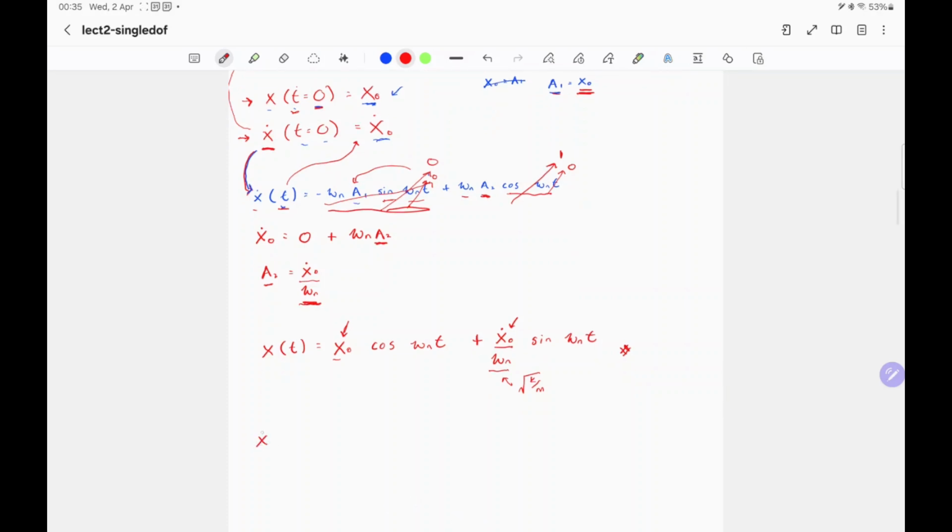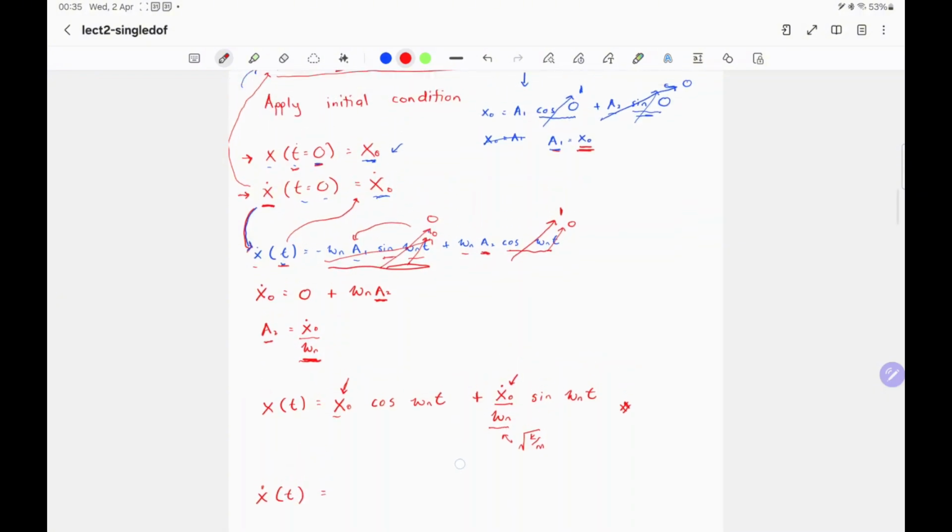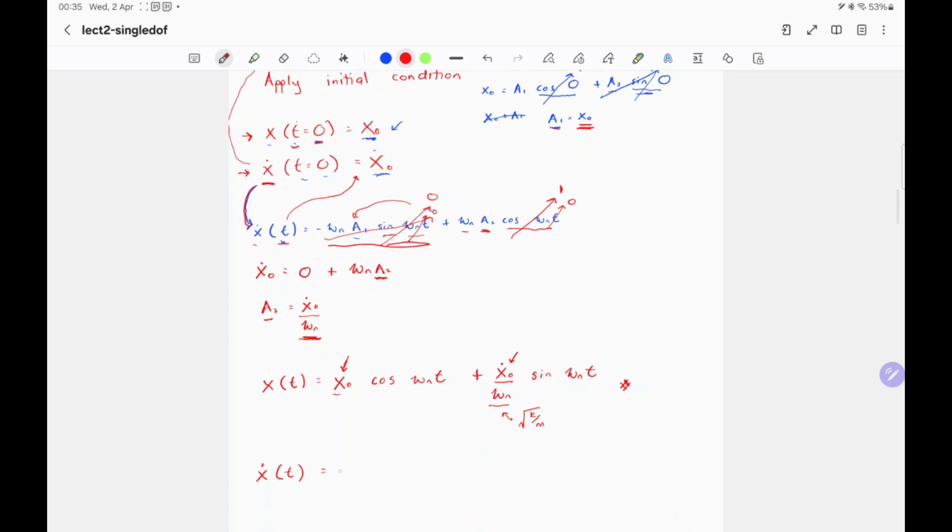If, let's say, the question asks you to identify x dot of t, so x dot of t will become negative omega n A1, so A1 is x naught, sin omega n t, plus omega n A2, which is x dot naught over omega n, cos omega n t.